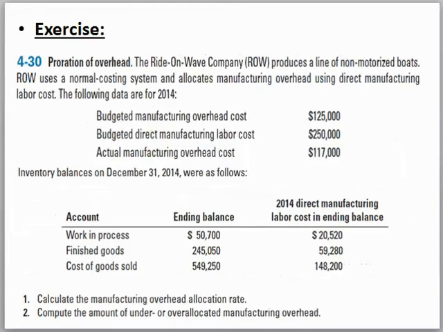by multiplying each of the labor costs for the work in process and finished goods and cost of goods sold by the budgeted rate.